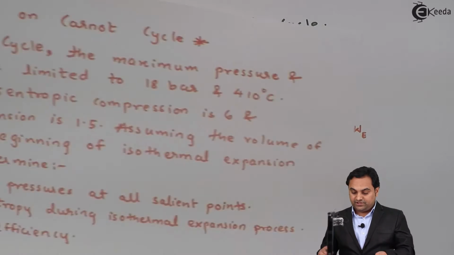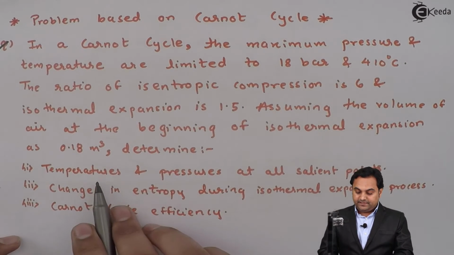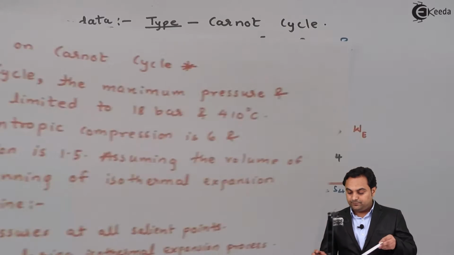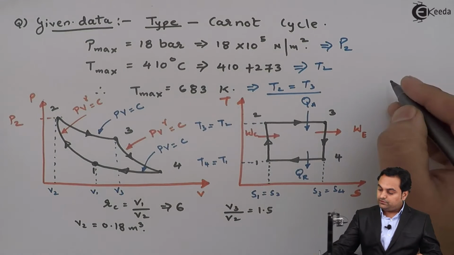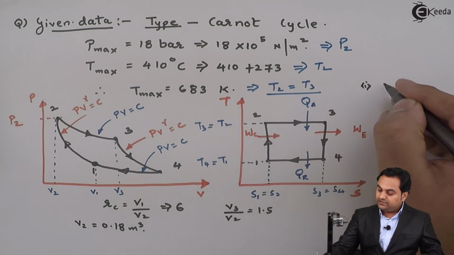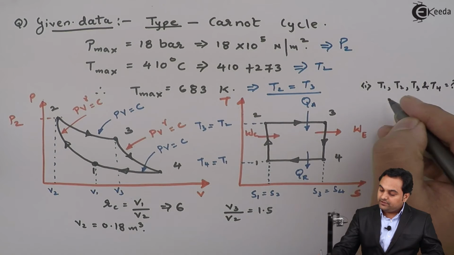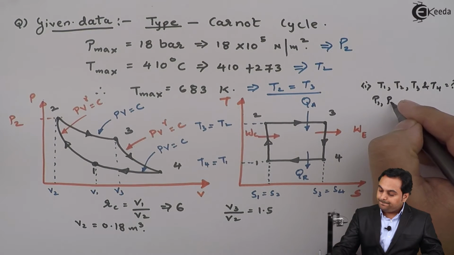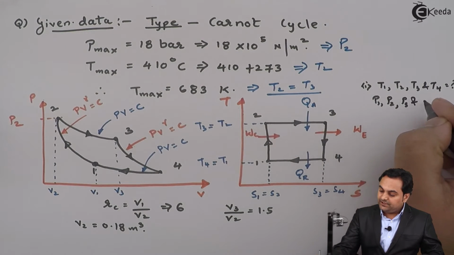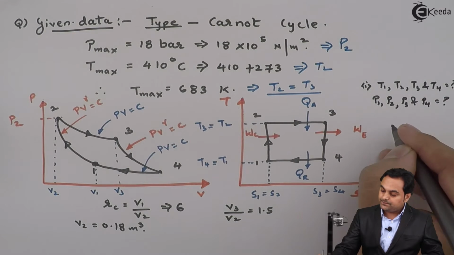Now the question is to determine temperatures and pressures at all salient points. So we have to find out the temperatures, that is T1, T2, T3 and T4 at all points. Similarly pressures P1, P2, P3 and P4 at all salient points.